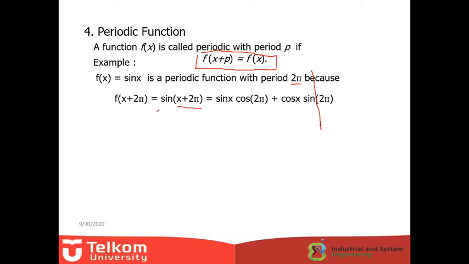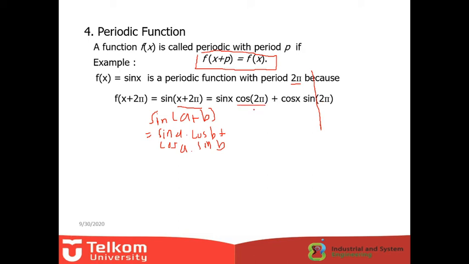Please remember, sin of a plus b should be equal to sin a times cos b plus cos a times sin b. So sin x times cos 2p plus cos x times sin 2p.